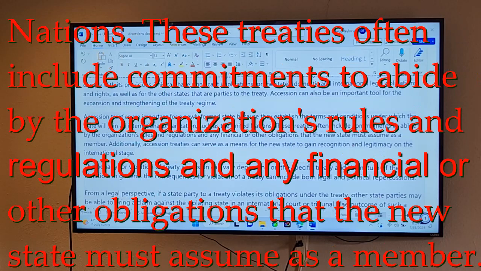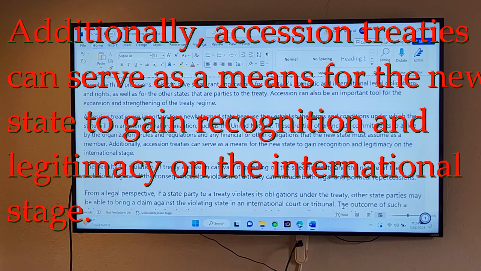These treaties often include commitments to abide by the organization's rules and regulations and any financial or other obligations that the new state must assume as a member. Additionally, accession treaties can serve as a means for the new state to gain recognition and legitimacy on the international stage.